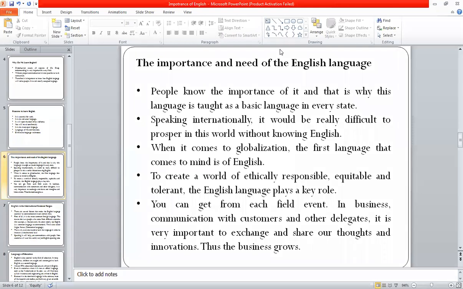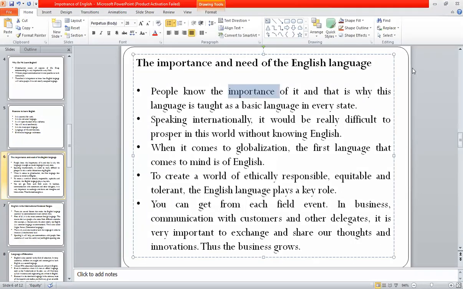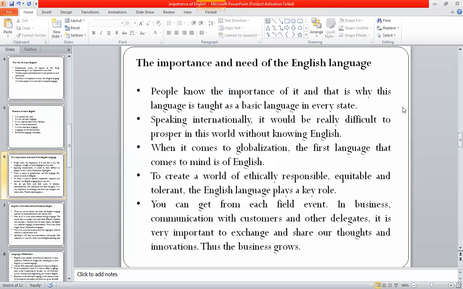Today's education systems have modified their curriculum or syllabus with the help of this language. They have included it as a mandatory, compulsory language.